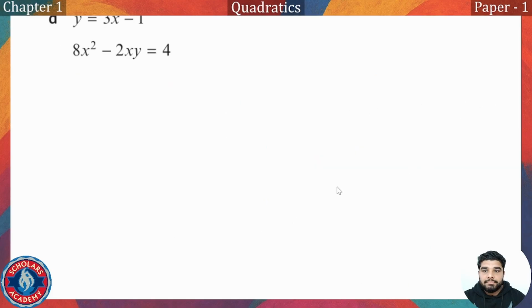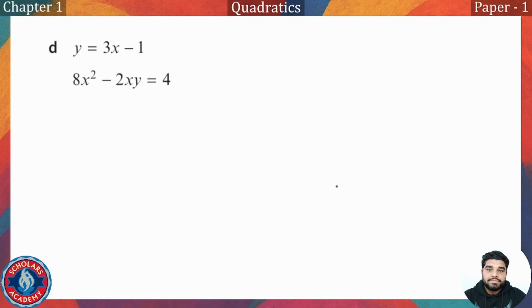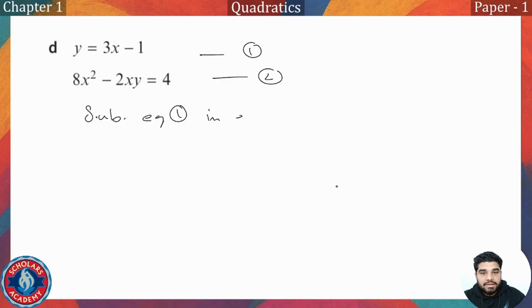So okay, part number D, we'll substitute this in equation number 2. So equation number 1, equation number 2, substituting equation 1 in equation 2, we get 8x square minus 2x, and in place of y we can write 3x minus 1, is equal to 4.